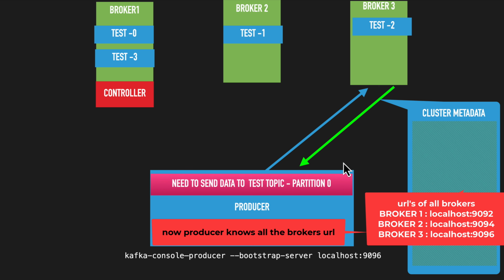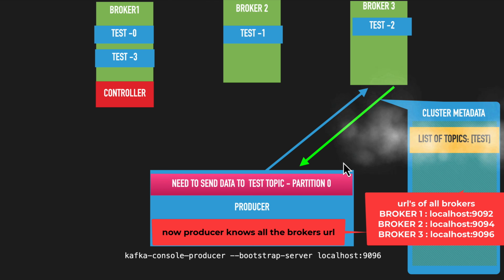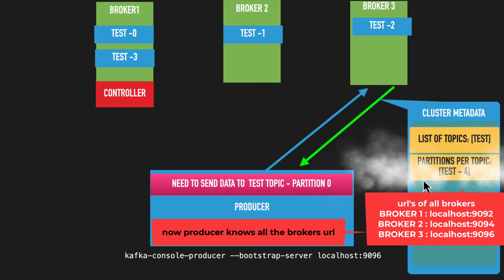For example, we'll have different types of information over here. The broker will let the producer know about the list of topics available. In this case, we have the test topic available, right? The producer also will be told by the broker about the partitions per topic. For the test topic, we have 4 partitions available.